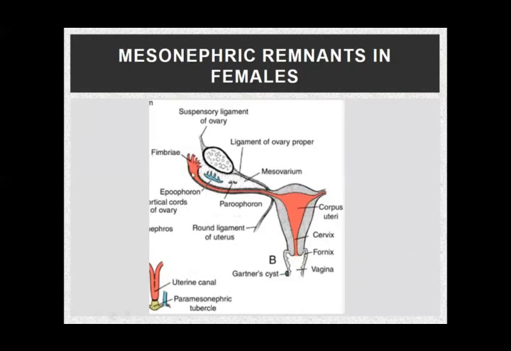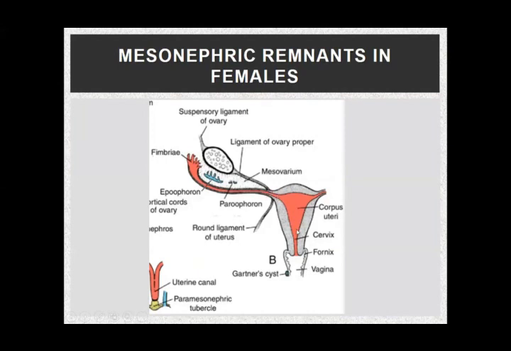Between the ovary and the uterine tube, this is the mesovarium. This is the epoophoron, more lateral, and this is the paroophoron, more medially placed towards the midline.